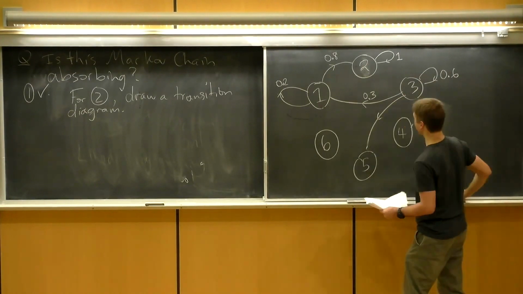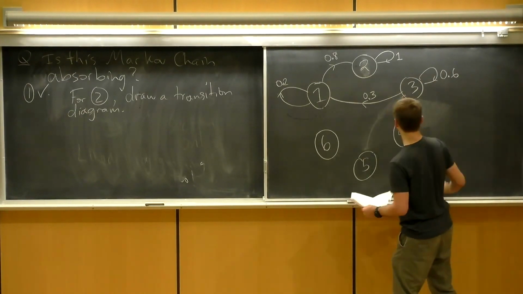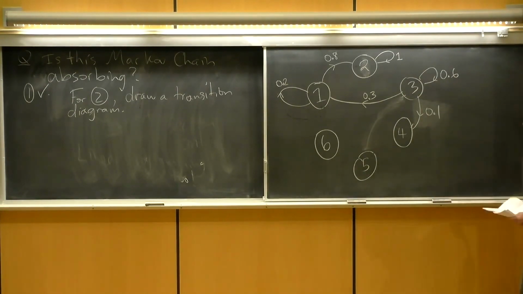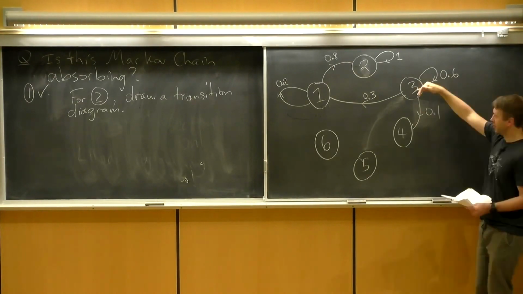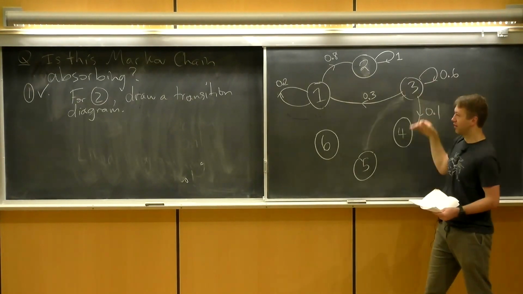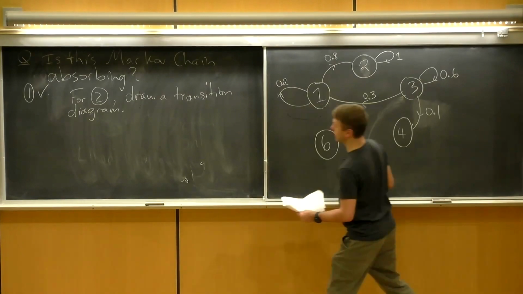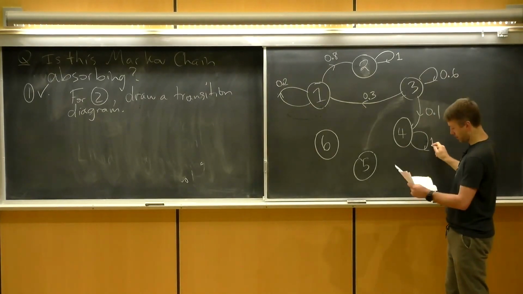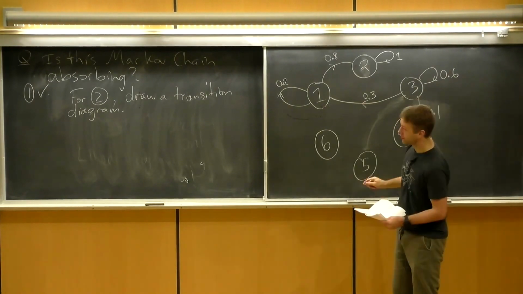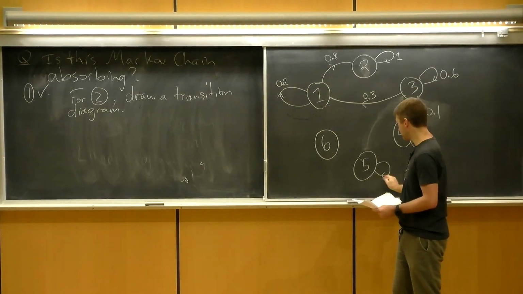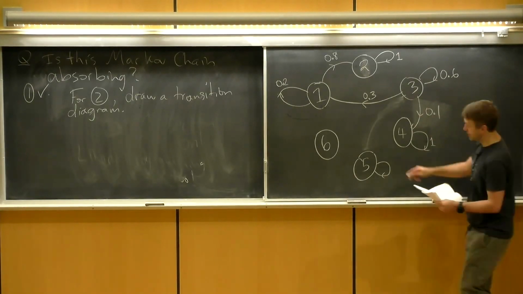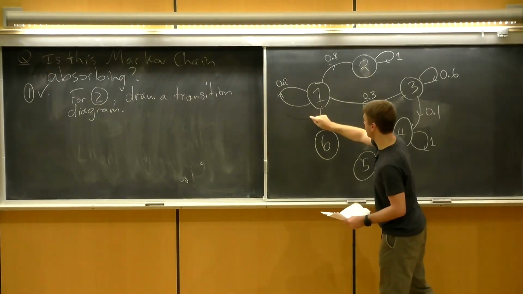It goes to 4, with 0.1. Okay, is that clear? So it's got 0.3. Hopefully that's somewhat clear. And then state 4 just goes back to itself 100% of the time. State 5 also goes back to itself 100% of the time. And state 6 always goes to state 1.